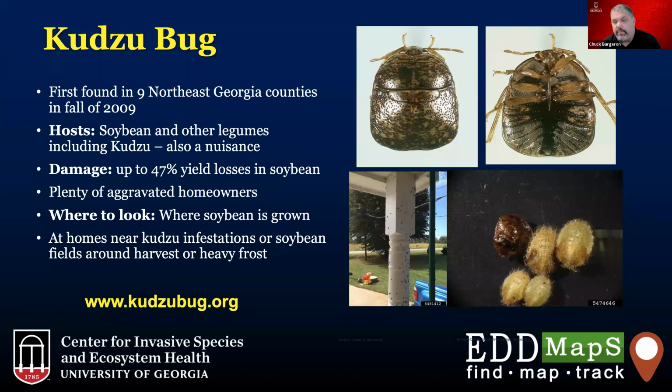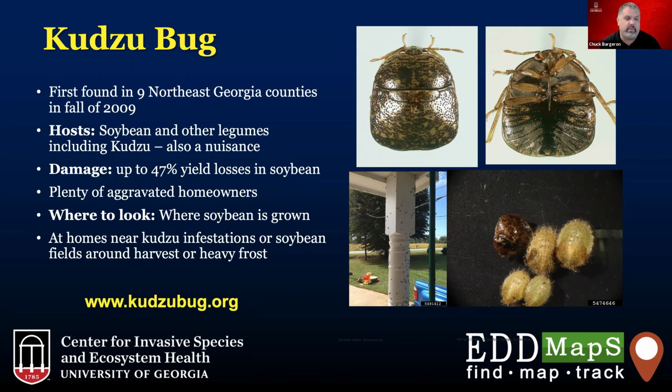One that showed up in Northeast Georgia in 2009, that everybody was really concerned about, and then the populations have really dropped. But this became both a potential ag pest, where we were seeing major impacts to soybeans, as well as, it was called kudzu bug. Interesting, because kudzu was one of its hosts.